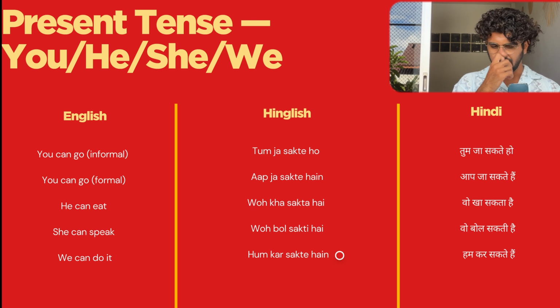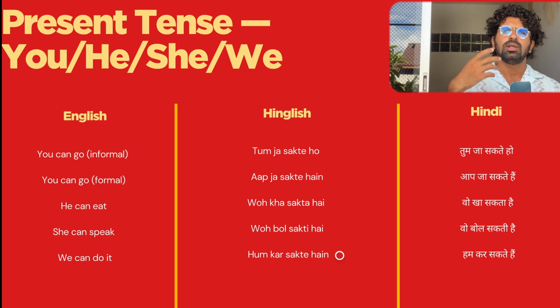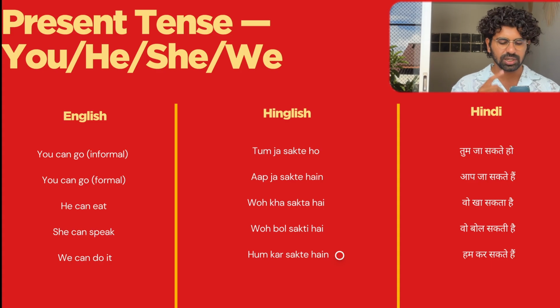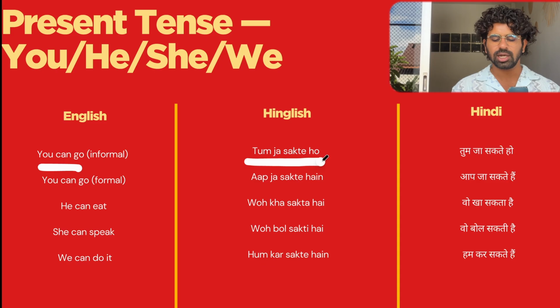Now, let's see what we have next. What we just did is present tense, but only with the pronoun I. Now we have it with you, he, she, we, right? So first we have you informal and then you formal. So "you can go" is तुम जा सकते हो, right?